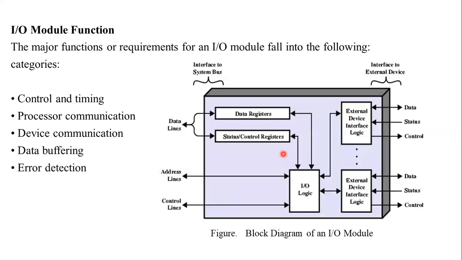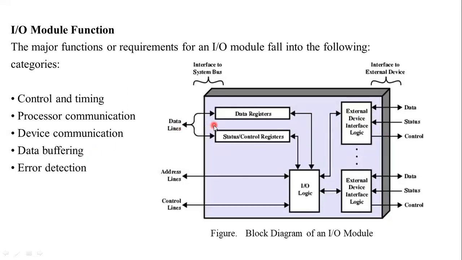As far as the IO module function is concerned, you can see this is the complete information on how an IO module works. The major functions required of an IO module fall into the following categories: control and timing, processor communication, device communication, data buffering, error detection and correction.